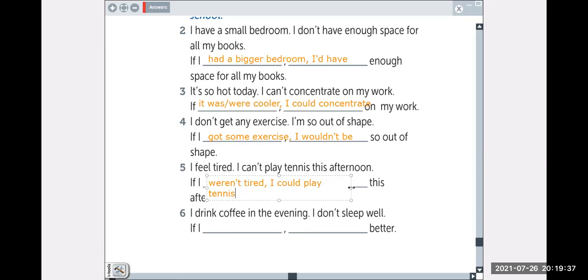Algo que les recomiendo mucho es que en el examen, sí, esta oración está súper correcta, pero ocupen los mismos verbos que tienen en la oración, si es que tienen algo así. Ok, entonces, if I, ¿qué diríamos acá utilizando el verbo? Didn't. If I didn't feel tired.